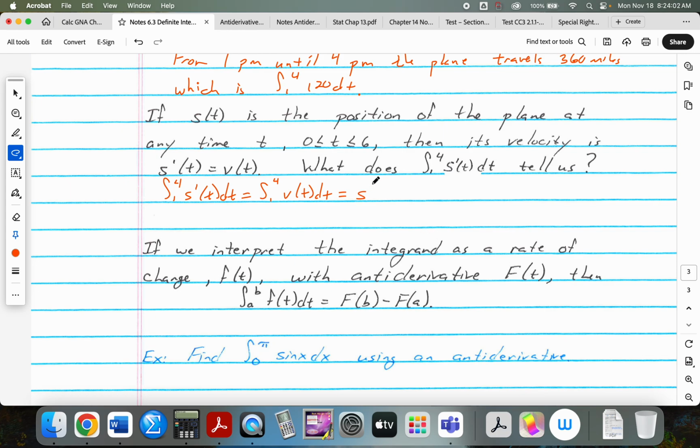It's going to tell us s of 4 minus s of 1. So it's telling us the change in position. That is the displacement from 1 p.m. until 4 p.m.